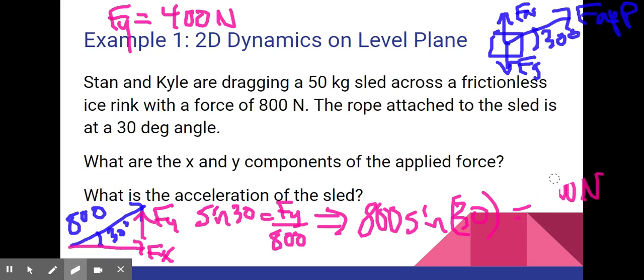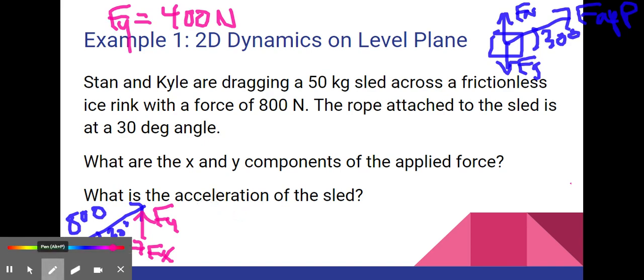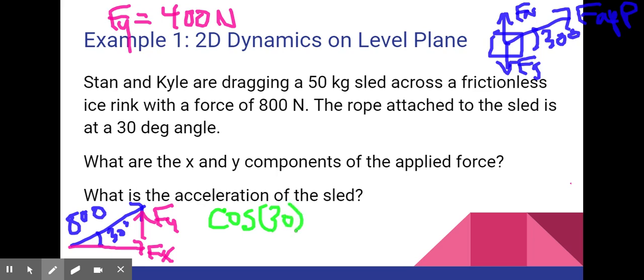Now let's erase this, and we'll do our x component. If we're thinking about the x component, we have the adjacent side. So according to SOHCAHTOA, we use cosine. We'll use a different color here, maybe green. Okay. So we know that the cosine of 30 is equal to our adjacent side, f of x, divided by the hypotenuse, which is 800.